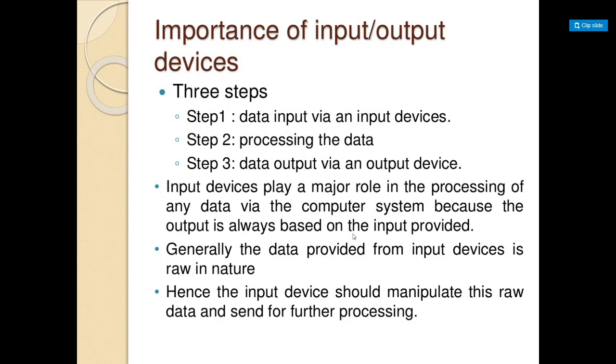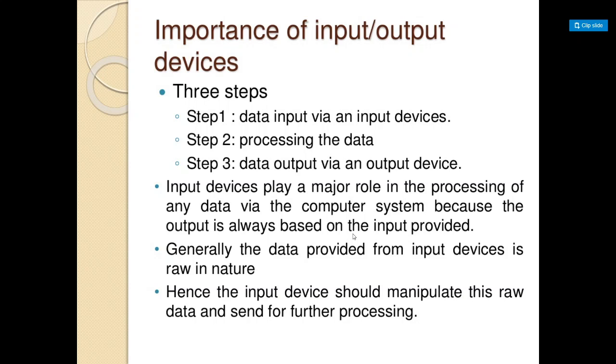So what is the importance of input and output devices? There are mainly three steps: data input via input devices, processing the data, and data output via output devices. They play a major role in processing any data in the computer system, because output is always based on the input provided, and we know the famous saying in our field, garbage in, garbage out.